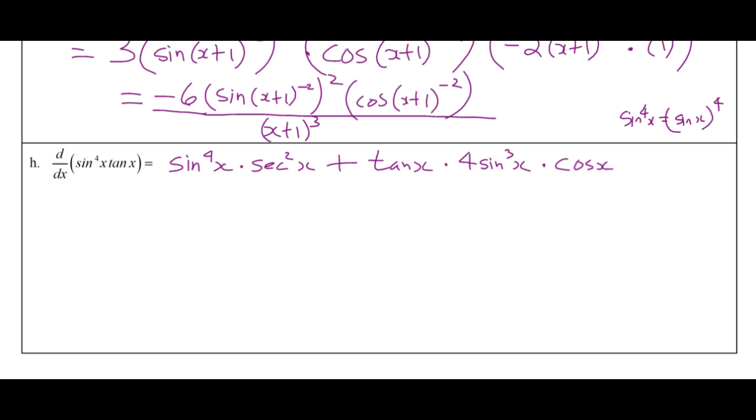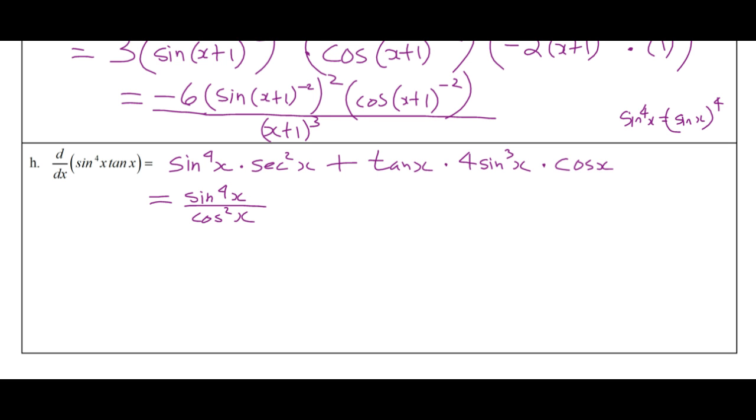And from here now we manipulate. So what could we do? Well, I could go sine to the fourth x over cos squared x. Okay, so secant squared is 1 over cos squared.